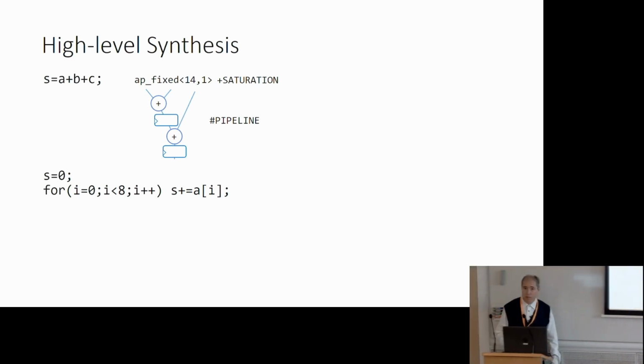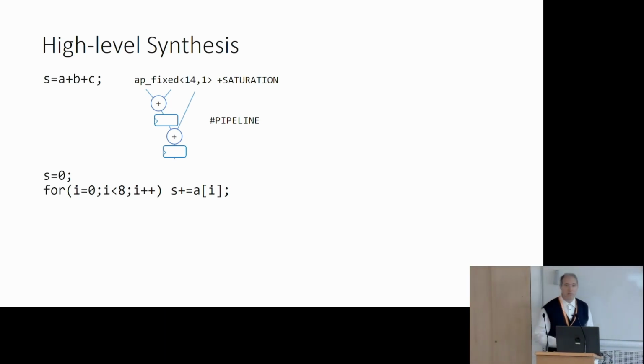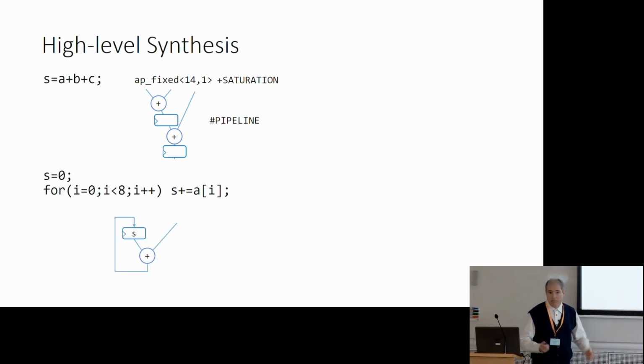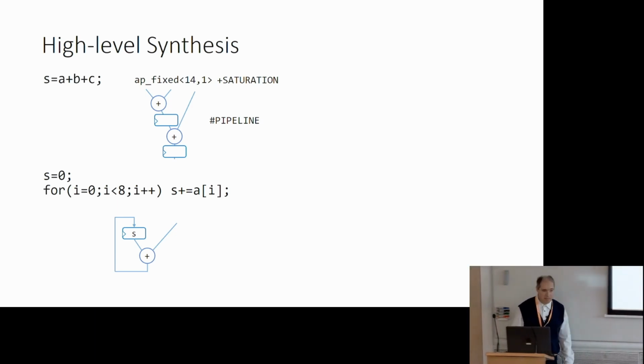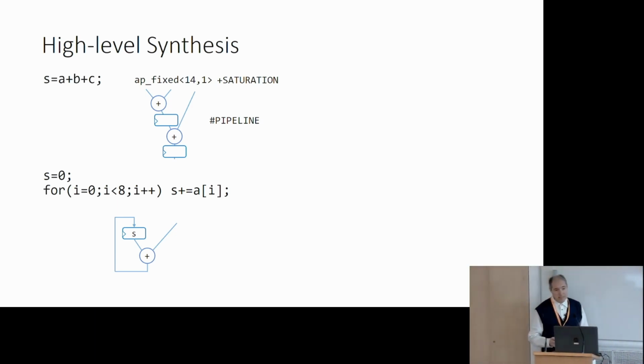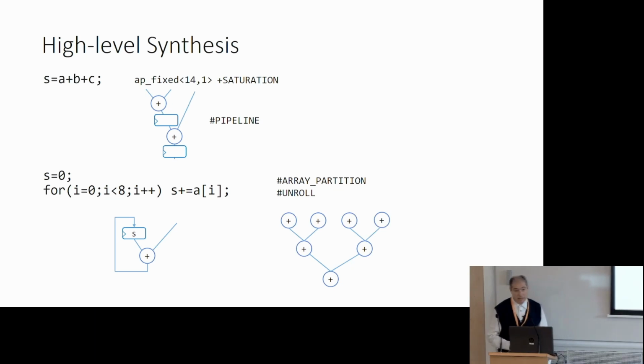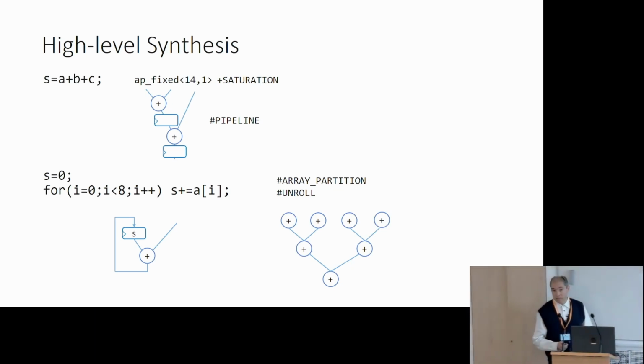Okay, a little more complex. If I have a loop where I just add numbers from some array, this is the simplest implementation. I need a register and an adder in a loopback. To increase performance, and if I can access all the elements of the array, meaning that I partition the array into elements and I unroll the loop, I can produce a circuit that is, in the best form, an adder tree.